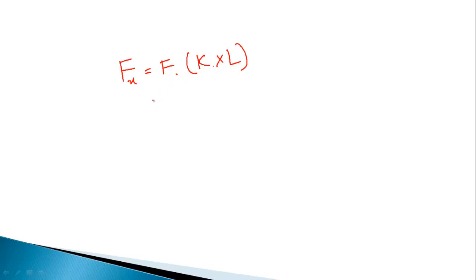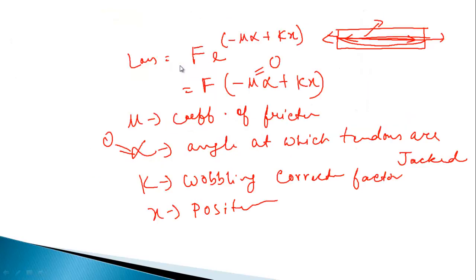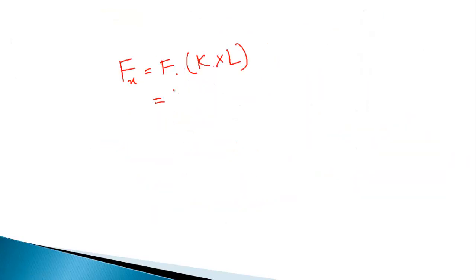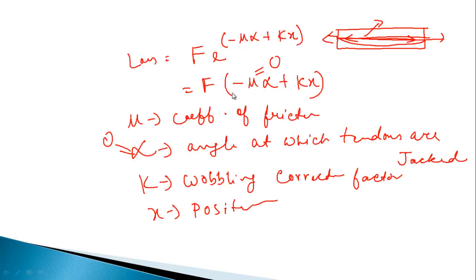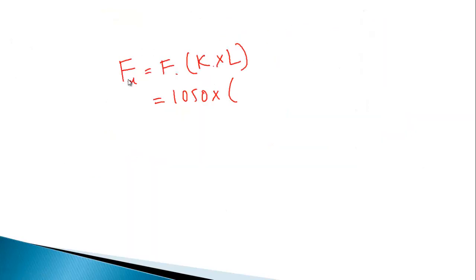F is given in the question directly: tension at 1050 Newton per mm square. So we don't have to find it. K is given as 0.30 per 100 meter, so that means 0.3 per 100 meter.